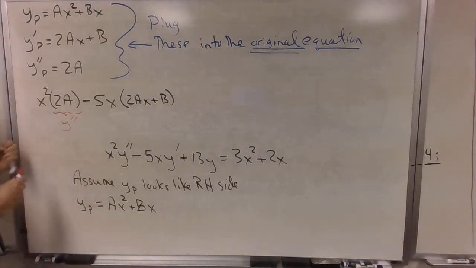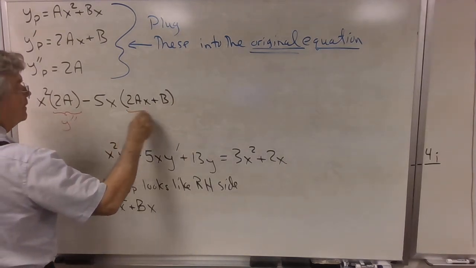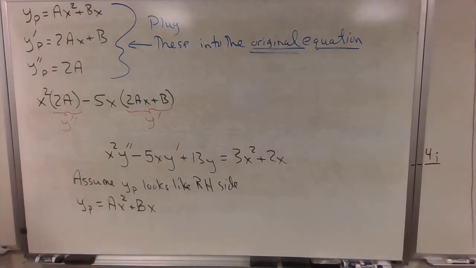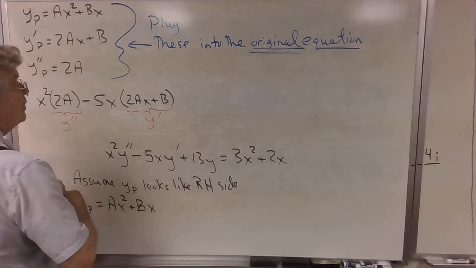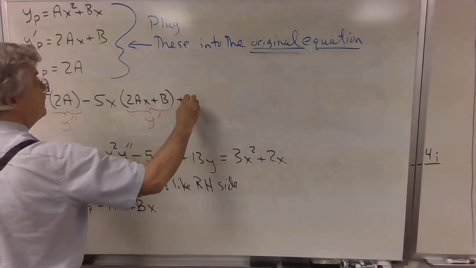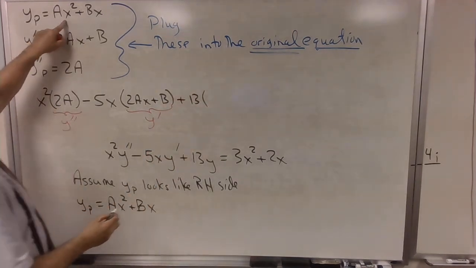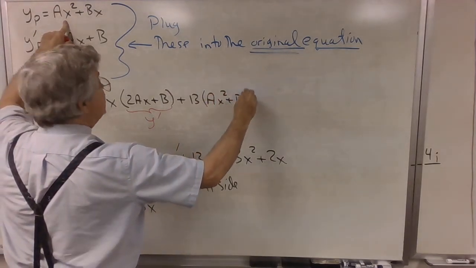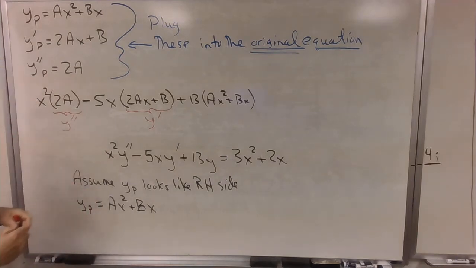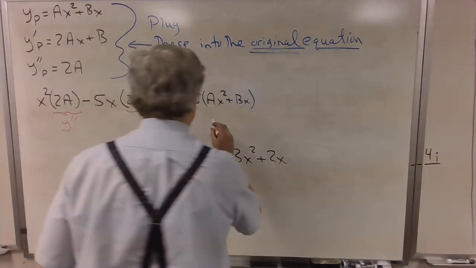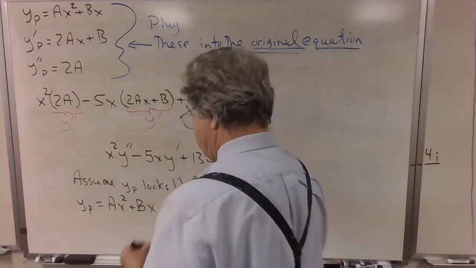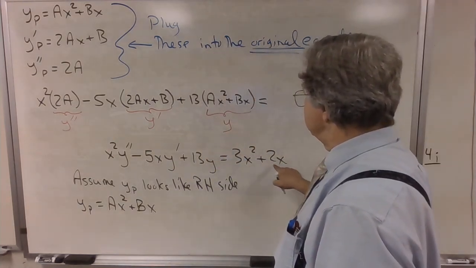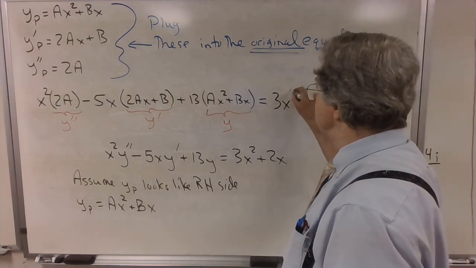So there's our y prime. And then we have 13y, and y is ax squared plus bx. So there's 13y. And all of that equals 3x squared plus 2x.